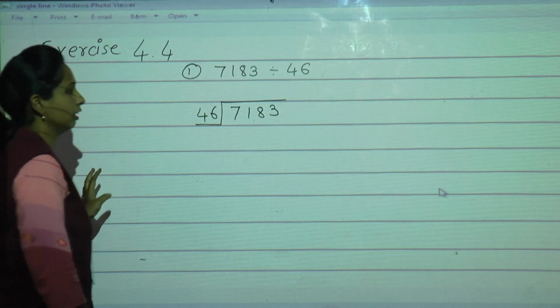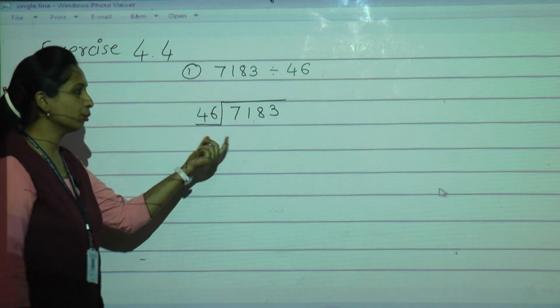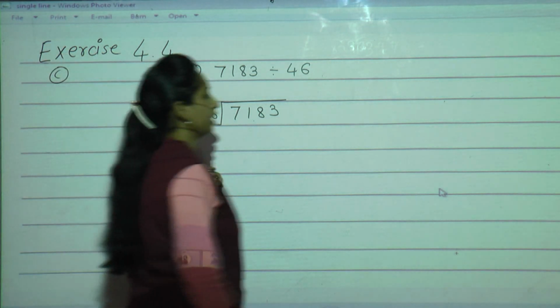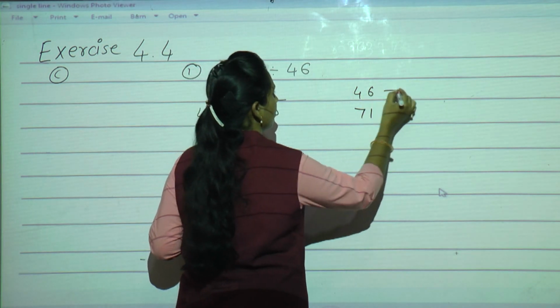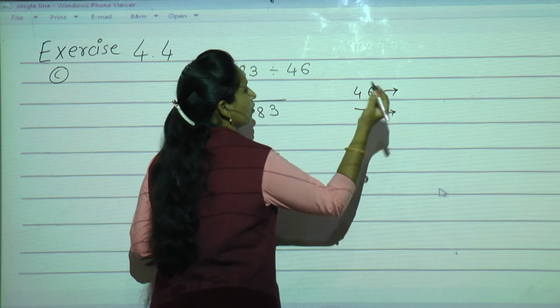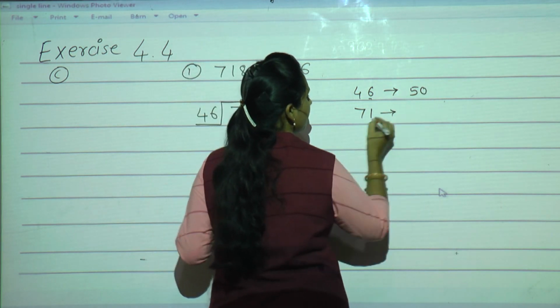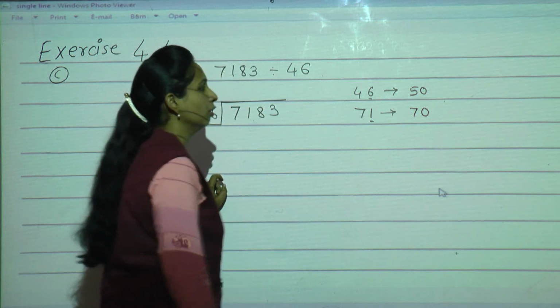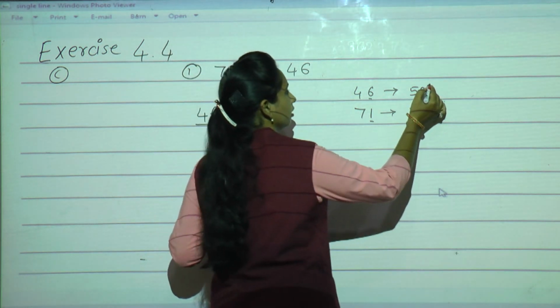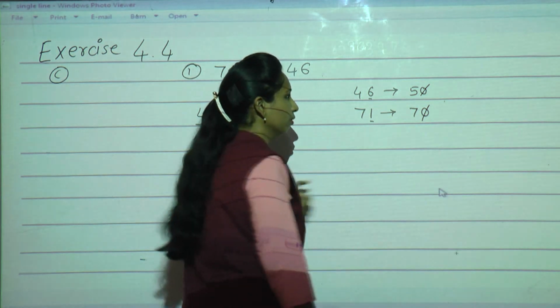Now we will go with the 2-digit number, that is 71. Now 71 and 46, rounding nearest number is 46 means 50, 71 means 70, isn't it? Now when I cross this 0 0, what will remain?